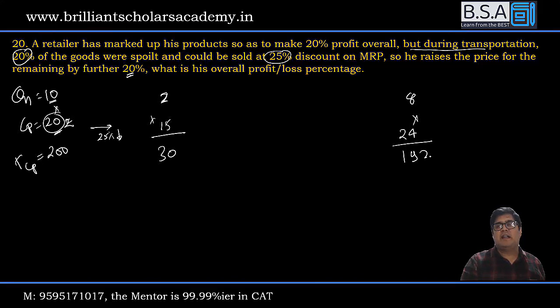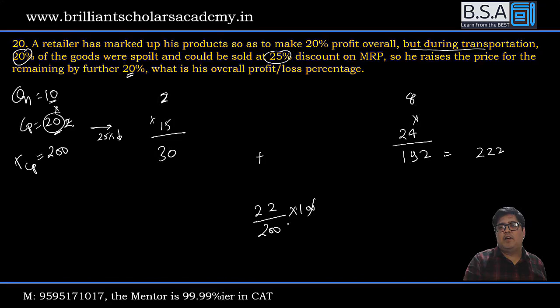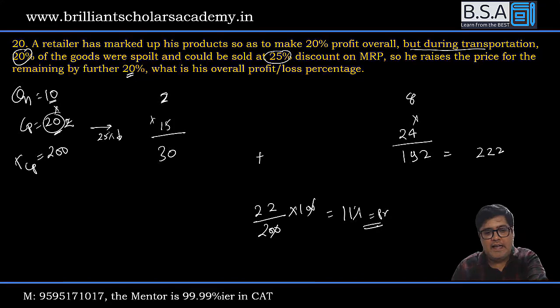So 192. So how much will he sell it for? He will sell it for 222 rupees. How much has he earned? He has earned 22 rupees on 200. Cancelled, that is 11% profit. That is his final profit.